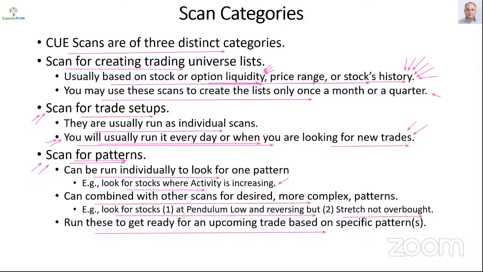So for example, if we find some stocks that are at pendulum low and reversing up, stretch is not overbought, shall we execute the buy? If you are using daily weekly interval to enter trades, you may not. You may wait for the actual trade setup confirmation. Pendulum low, reversing, stretch not overbought does not necessarily mean there is a trade setup. We may wait for the trade setup.